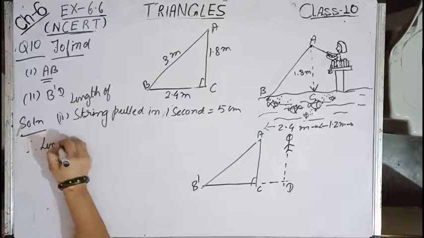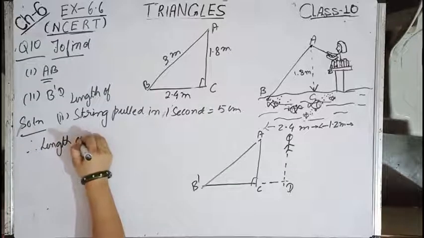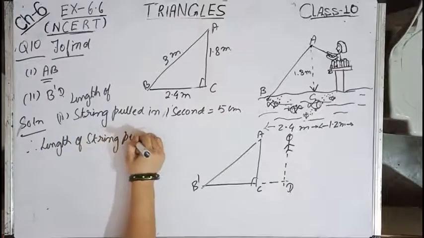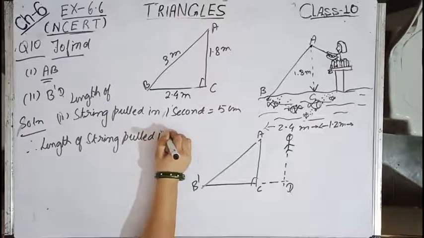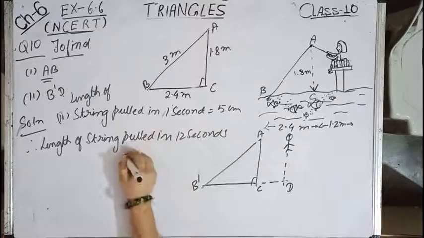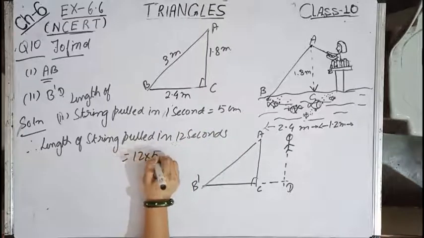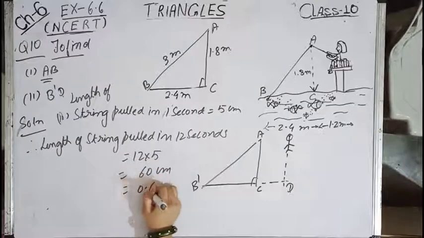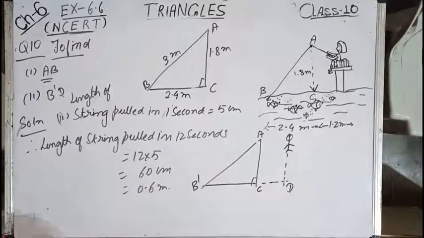Therefore the length of string pulled in 12 seconds, the time is given as 12 seconds, equals 12 into 5 equals 60 centimeter, equals 0.6 meter. Okay. So this much length of the string she has pulled in.